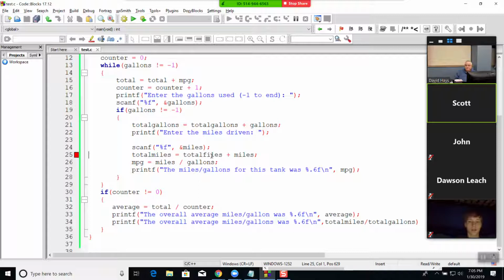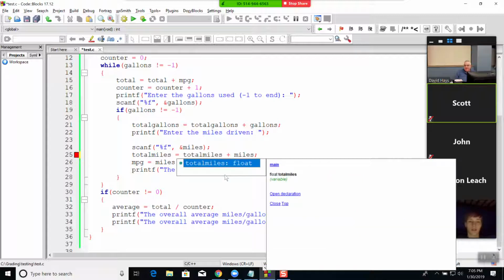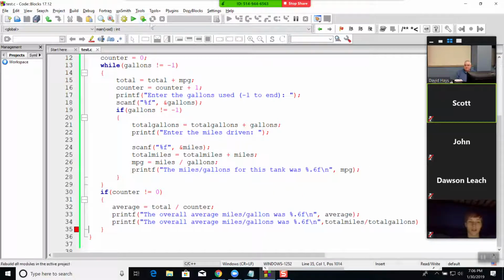Total files. Yeah, that won't work, will it? Okay. And I don't know the answer to this myself. Oh, semicolon. Little red square, of course, indicates where you have an error.